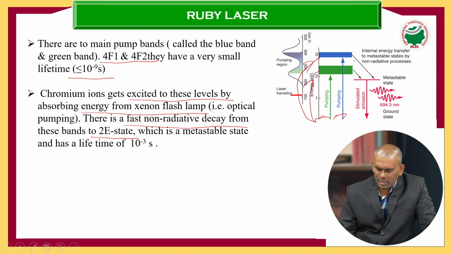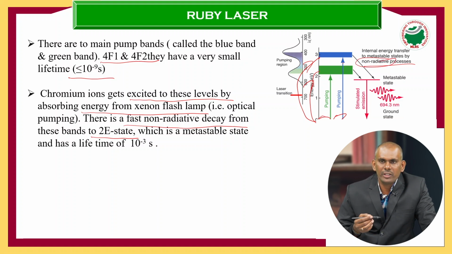From these energy levels, by non-radiative process. So what is meant by non-radiative? The non-radiative process is where the atoms, while de-exciting from higher energy levels to lower energy levels, release their excess energy in the form of phonons or heat energy. Such a process we call a non-radiative process.